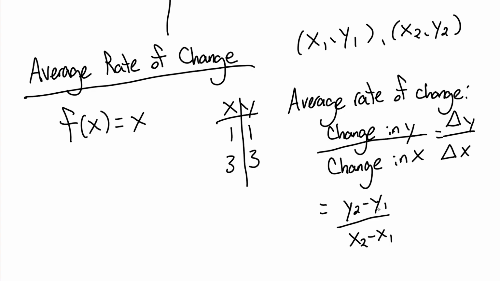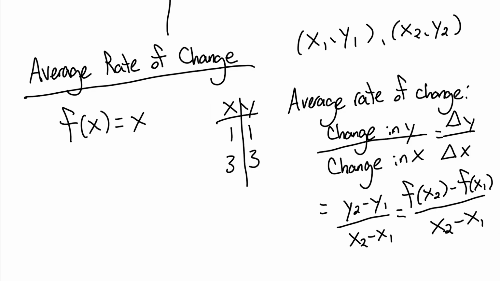So the change in y, in other words the distance between the y values, divided by the change in x, the distance between the x values. And now that we have function notation, we could also write this as f of x2 minus f of x1 divided by x2 minus x1.